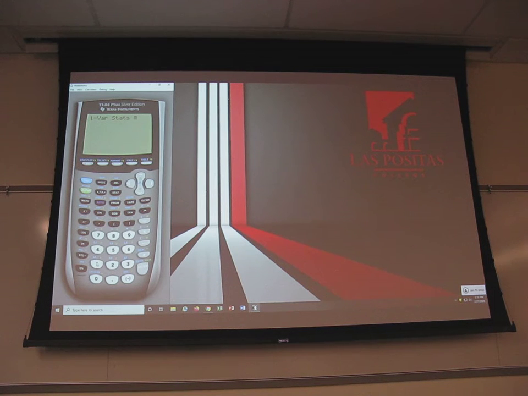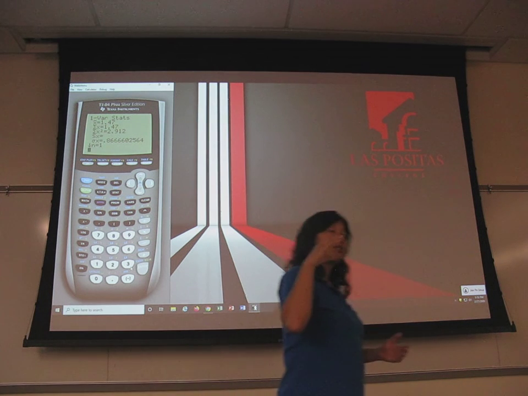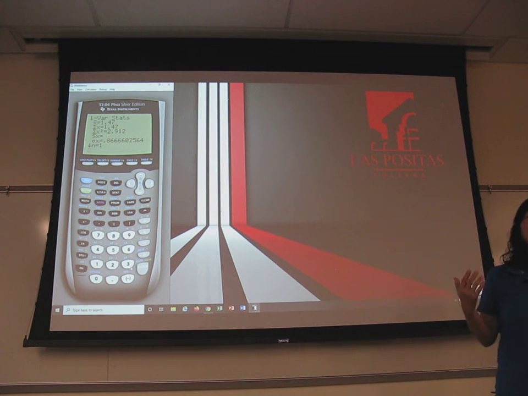And then you want L1, L2, so second L1, comma, and second L2, and then hit enter. If you have a fancy calculator, it may prompt you to put L1 in the list and L2 in the frequency, and then hit calculate, and it'll do the same thing.